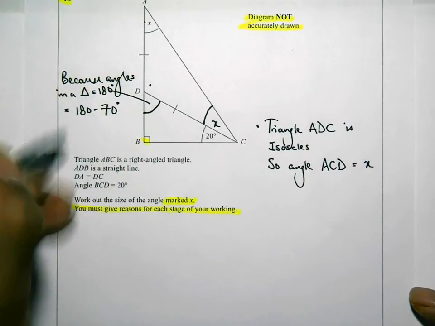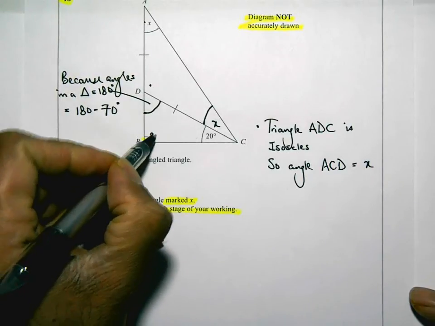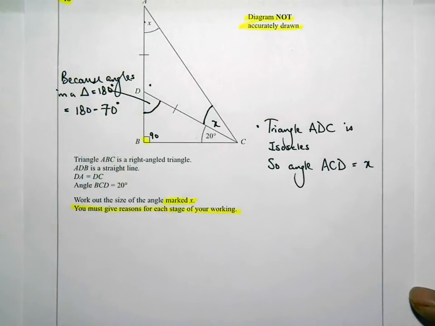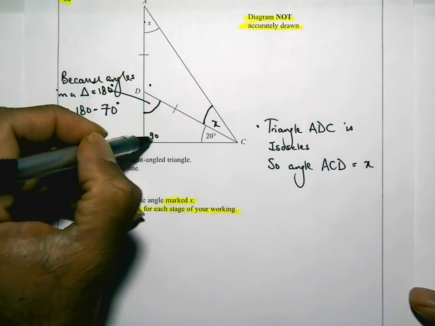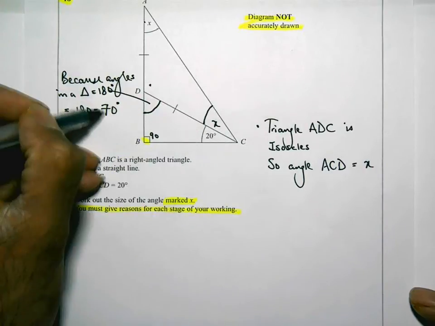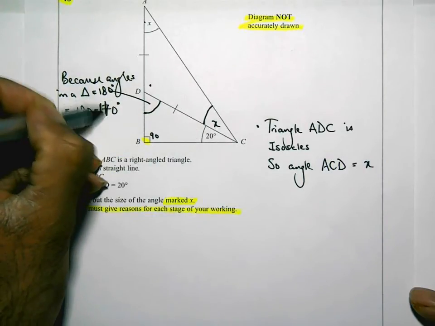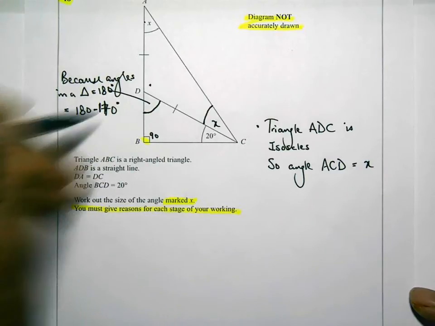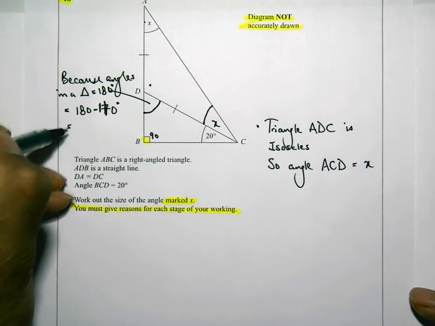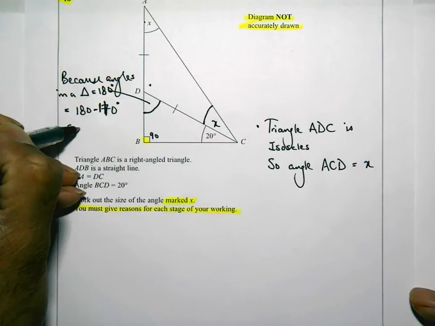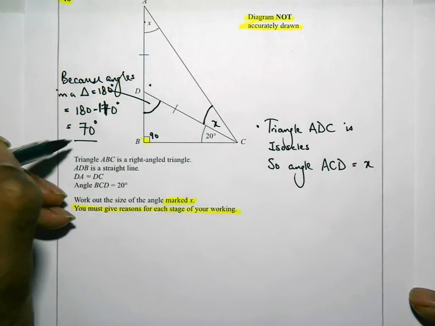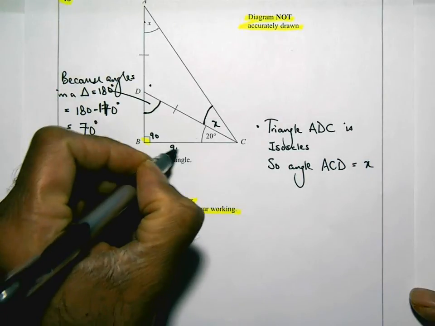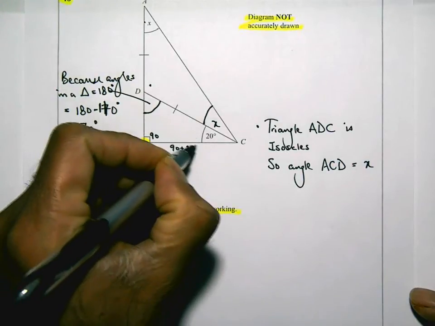This here is 90, so 90 add 20 is 110 degrees. 180 take away 110 degrees is going to be 70 degrees. That's me thinking ahead. So 90 add 20 is 110 degrees.